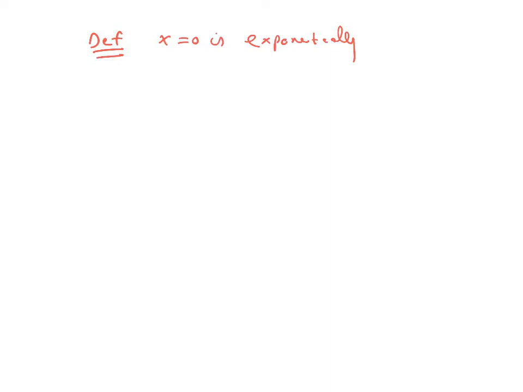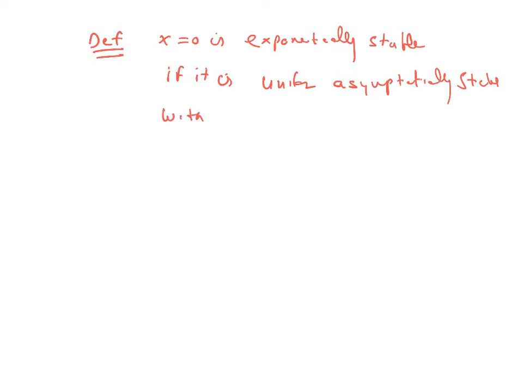So x of 0 is exponentially stable if it is uniformly asymptotically stable with a beta, the KL function, of this form: k r e to the power minus gamma s.